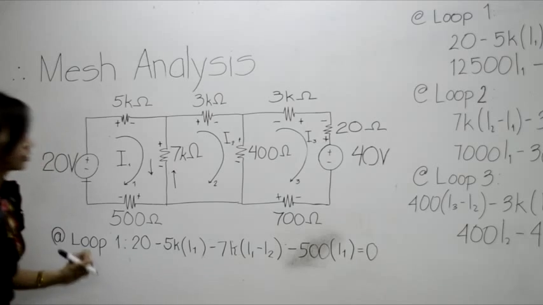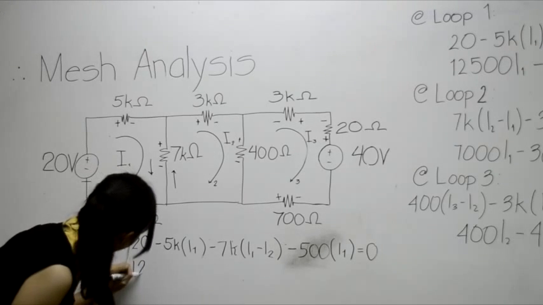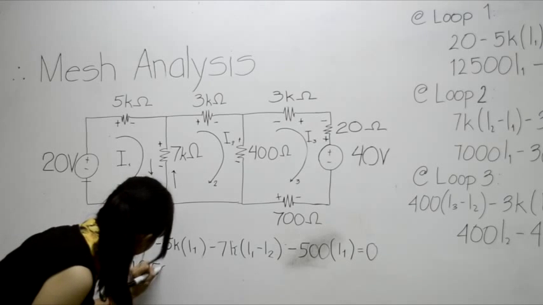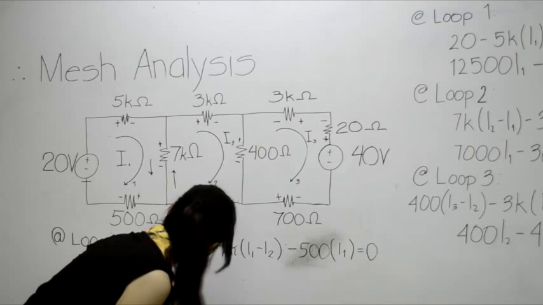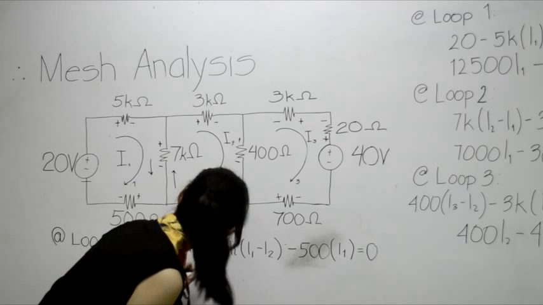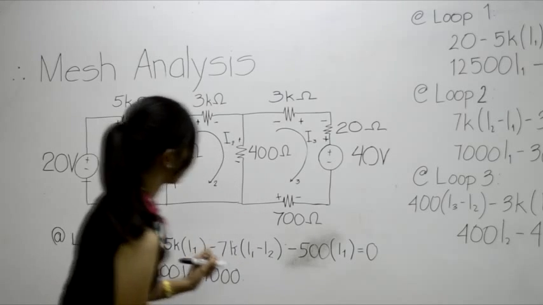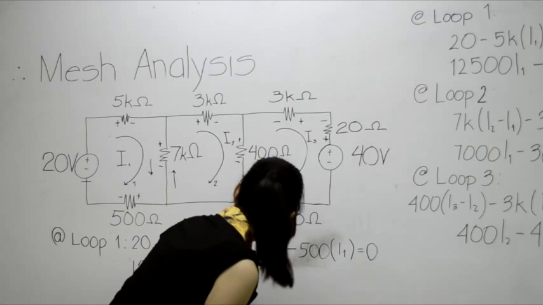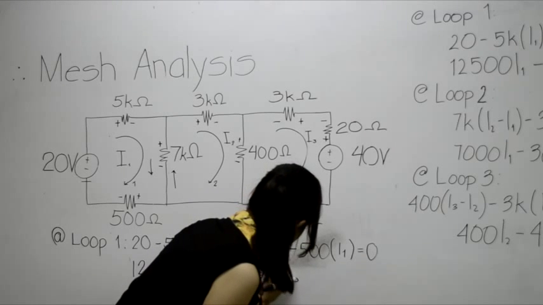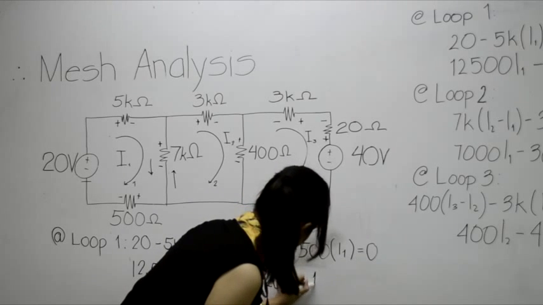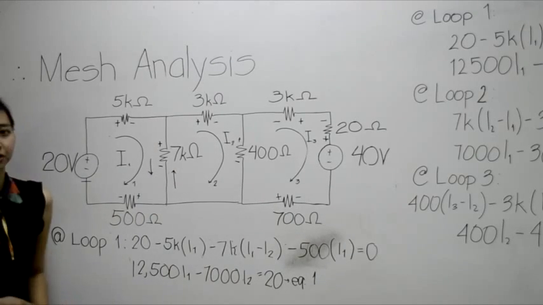The simplified equation of this is 12,500 I1 minus 7,000 I2 equals 20. And this equation is our equation 1.